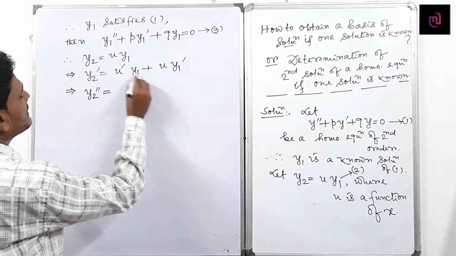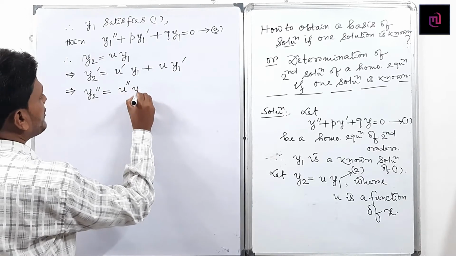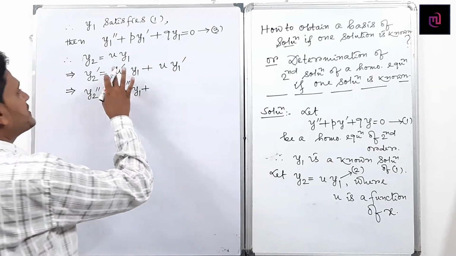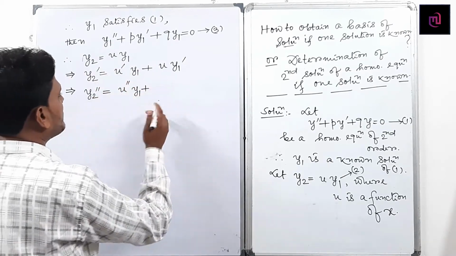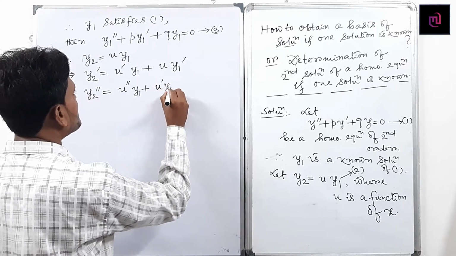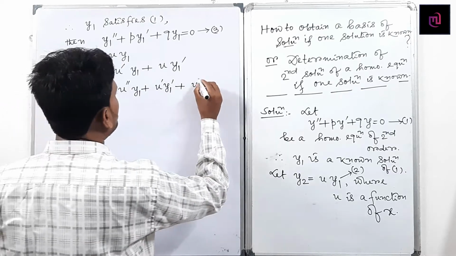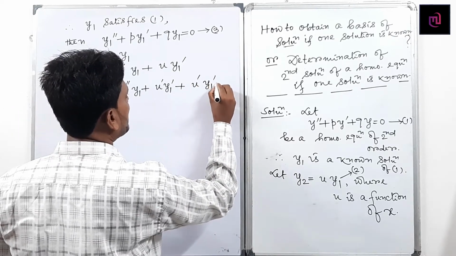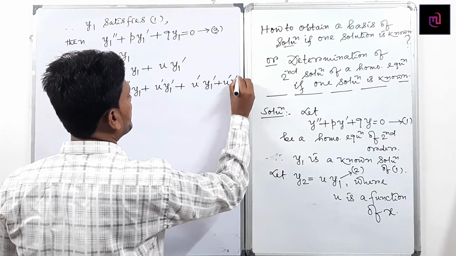y2 double dash becomes u double dash into y1, plus u dash y1 dash, plus u dash into y1 dash, plus u into y1 double dash.